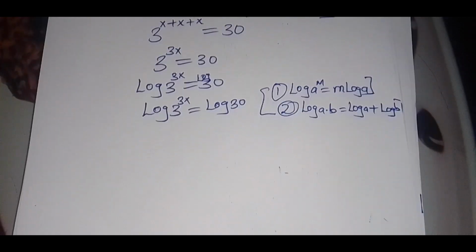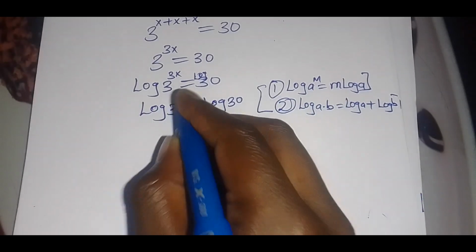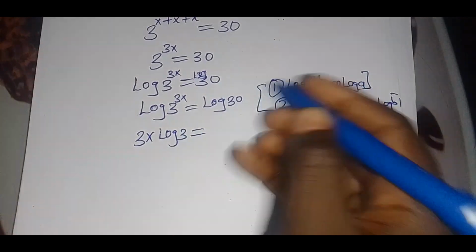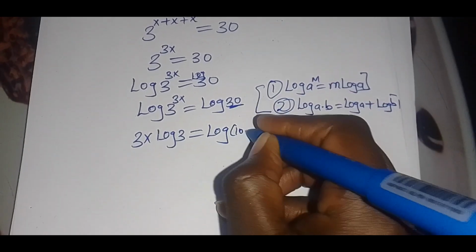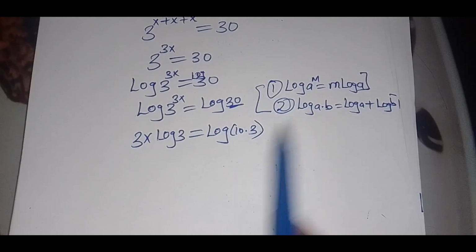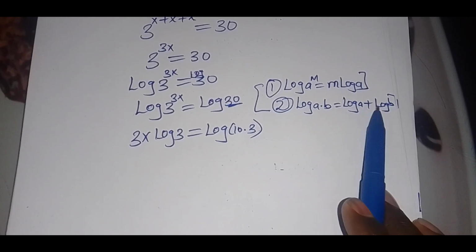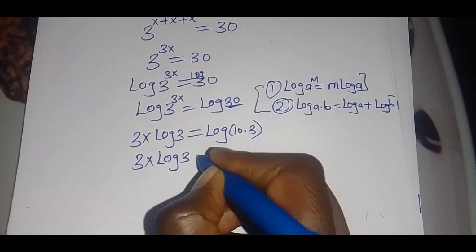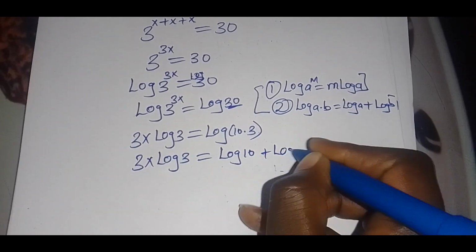Applying the first identity, we have 3x log 3. Log 30 can be expressed as 10 multiplied by 3, so a is 10 and b is 3. So we have 3x log 3 equal to log 10 plus log 3.